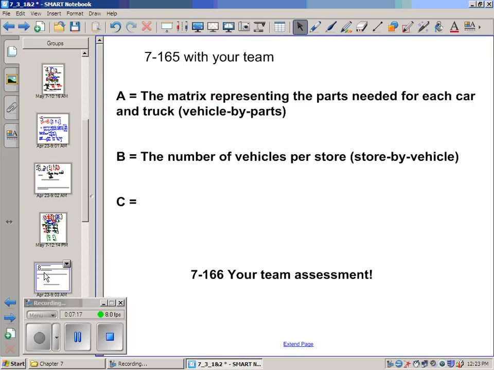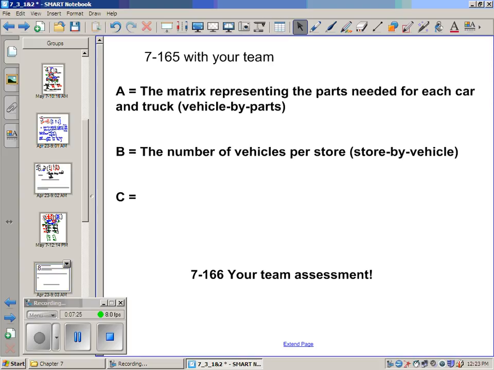Okay, the next problem is number 165. I first of all want to remind you, you have the vehicle by parts matrix that was in the first problem we did. You have the number of vehicles per store, or the store by vehicle matrix. That was also in that first little bit we did. You're going to be asked to find something else.